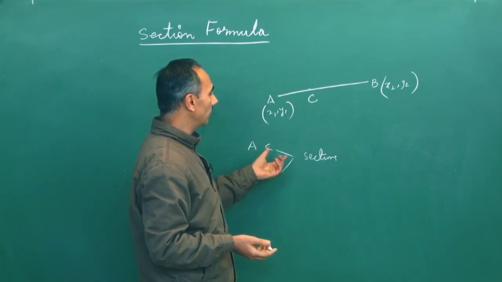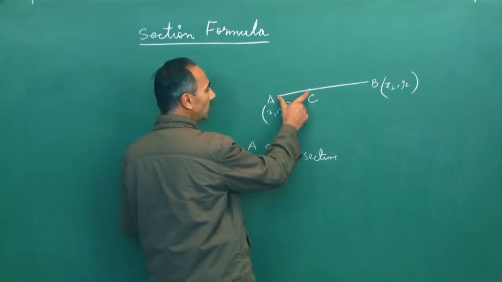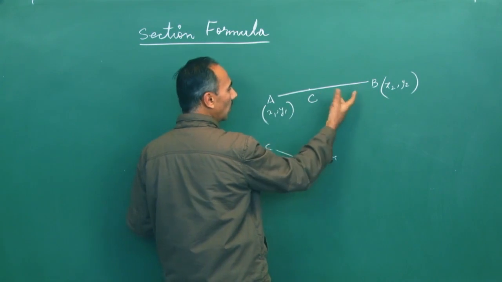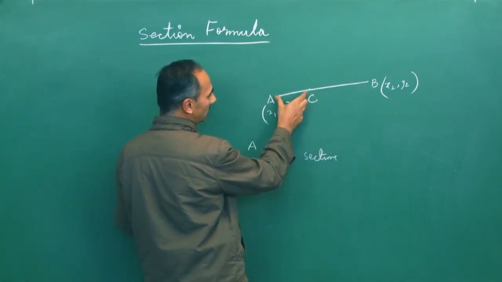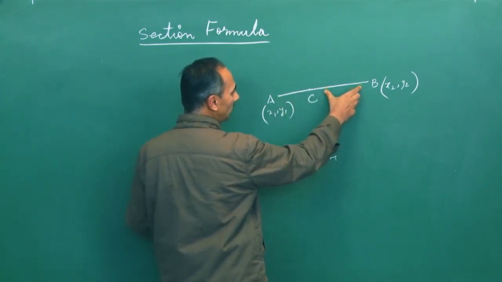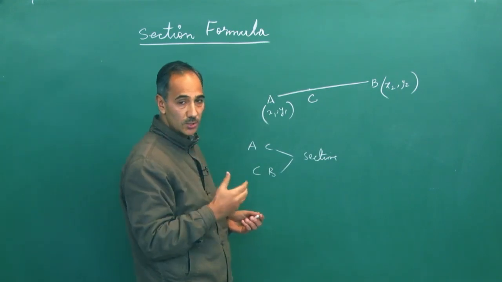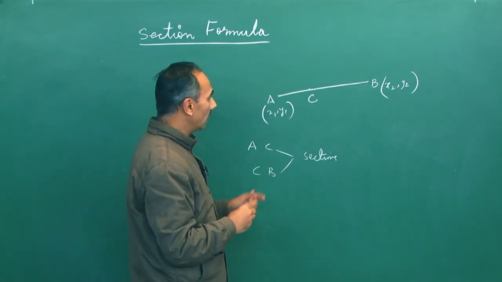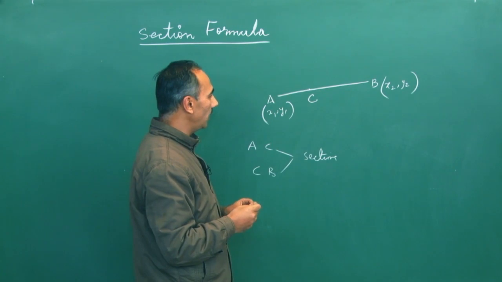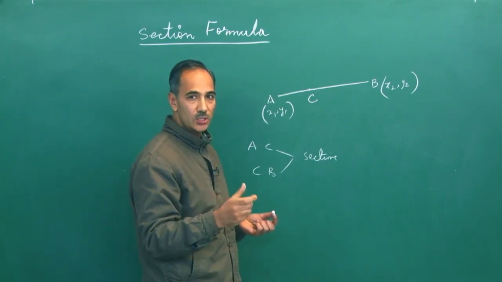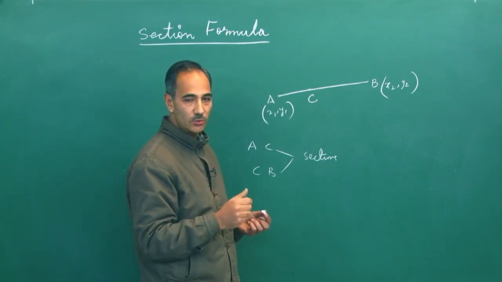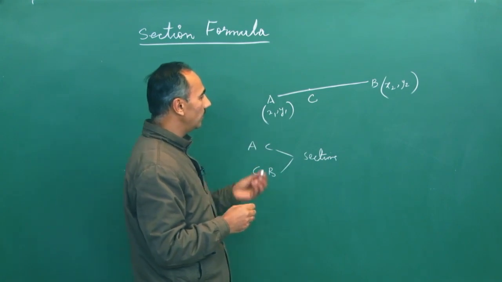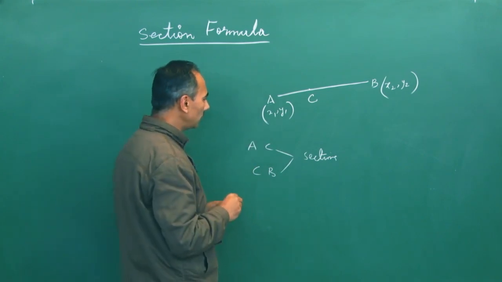But we could make use of the word section. So AC is one section and CB is the other section. As for this figure, the AC section is smaller than the CB section because C is closer to A than to B. Now, if C is the midpoint of AB, then AC and CB are 2 sections which are equal. AC will be equal to CB. In that case, C will be the midpoint.